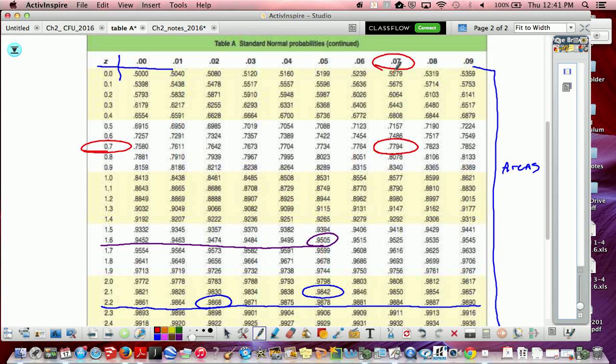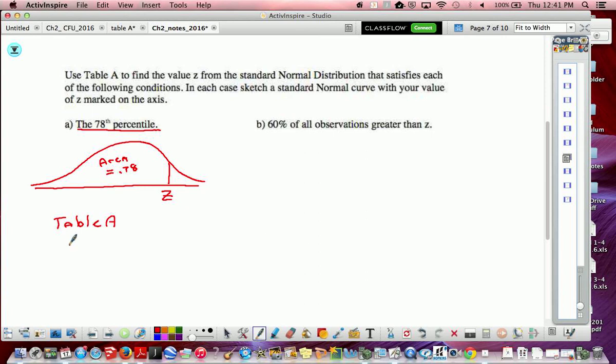That's a z-score of what? 0.77. So from Table A, the area we looked at was 0.7794, which corresponded to a z-score of 0.77. I chose the one that was closest to 0.78.